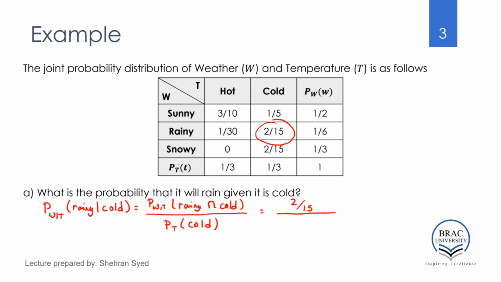The marginal probability of the temperature being cold is 1/3, which gives us 2 over 15 times 3 over 1. That gives us 2 over 5. And that is the conditional probability of it raining given that the temperature is cold.